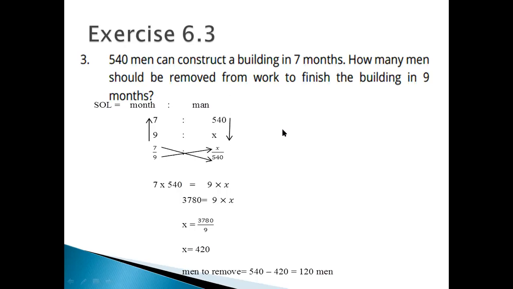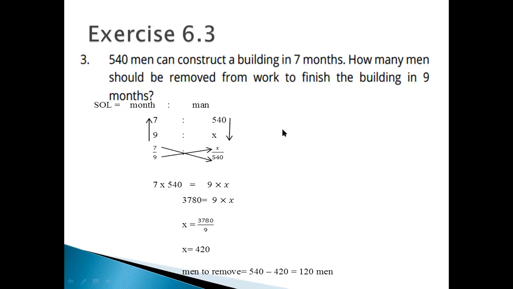If you want to increase the number of months for the same building, then automatically the number of men will decrease. The number of men increases, the number of months decreases. If one value is increasing and the other one is decreasing, that is called indirect proportion.